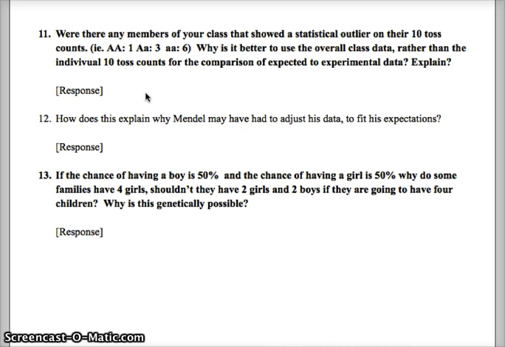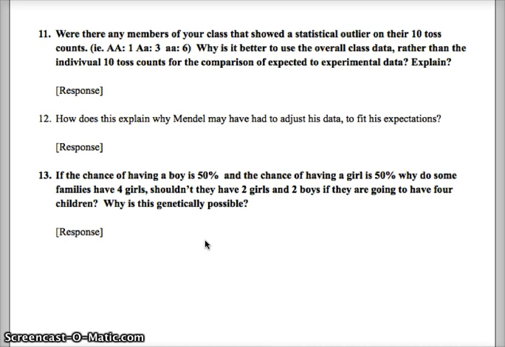Then you were supposed to talk about, based on Mendel's results, why he may not have gotten the numbers he expected, and whether it was okay that he maybe adjusted his data accordingly to fit the math that was expected. And then lastly, for question 13, you're looking at the law of segregation and independent assortment, and we're talking here about why sometimes families do have 4 girls, not 2 boys and 2 girls, when they have 4 children.